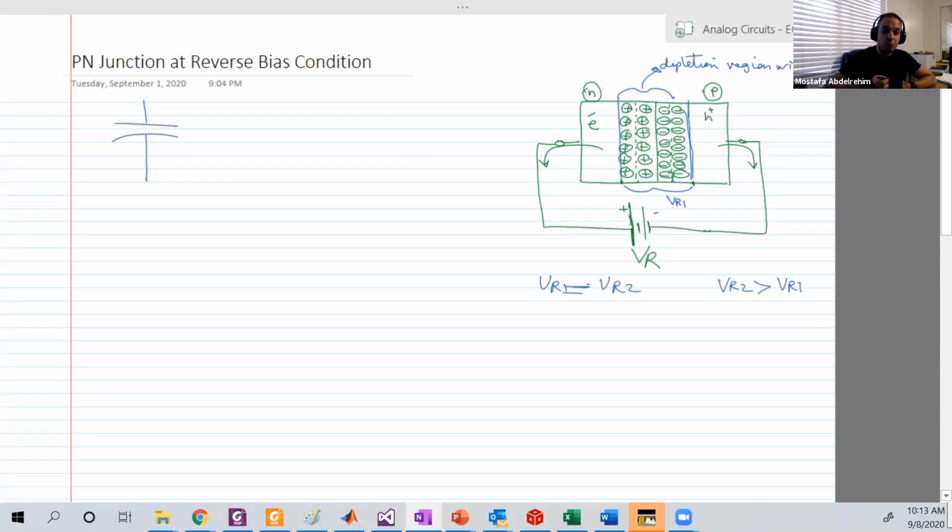What will happen? More and more electrons from the N side will go to the positive terminal, and holes from the P side will go to the negative terminal. This is at VR2, and this is the new width of the depletion region.